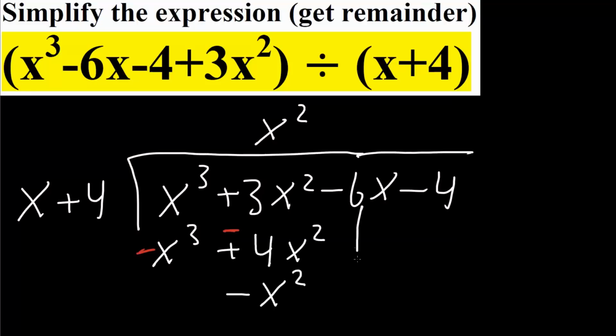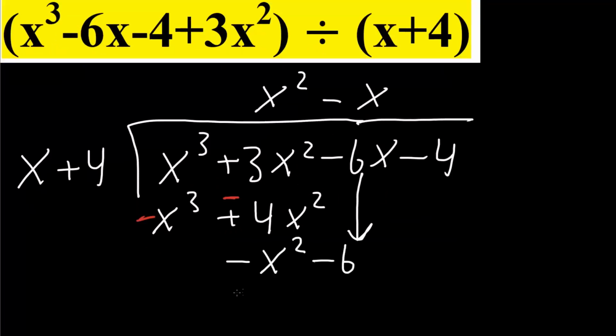We bring down the negative 6, so we say minus 6. So now we ask ourselves, how can we get minus x squared minus 6 with this? What we can do here is say minus x. And this would give us minus x squared minus 4x. And so now we do the opposite signs.